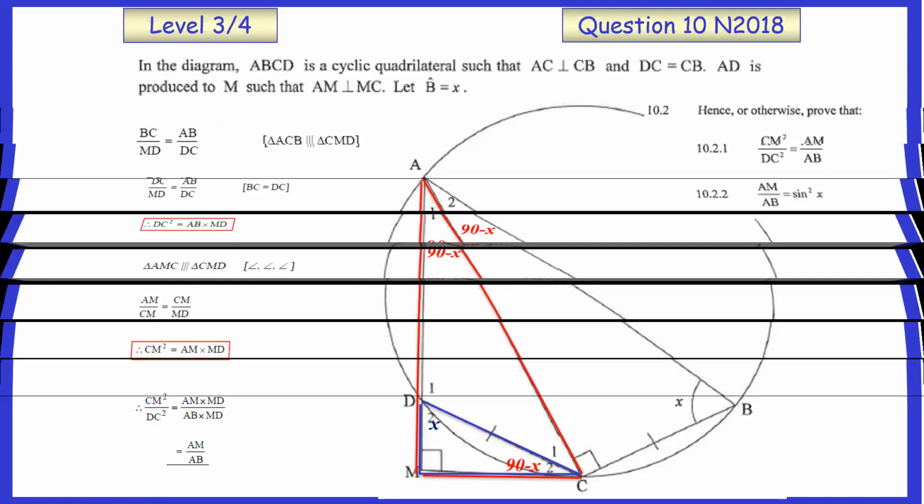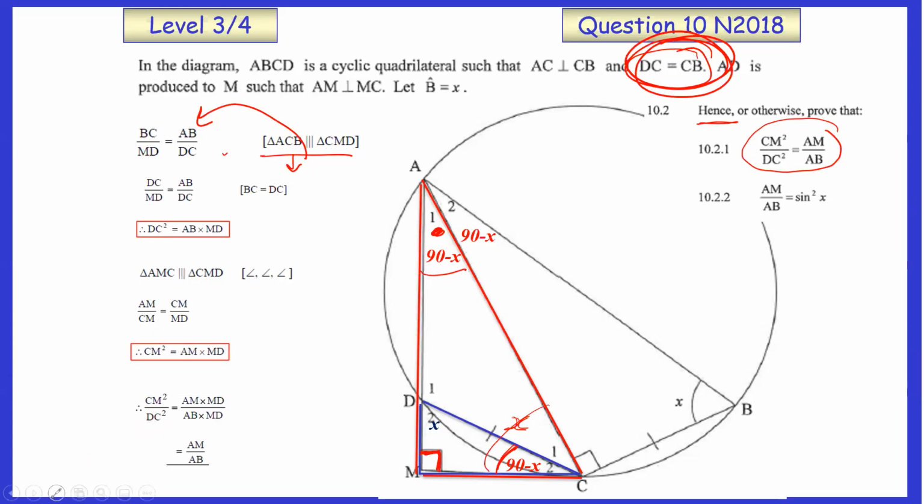And if they cancel off, what are we left with? CM squared over DC squared is equal to AM over AB. And that's what they actually want. Take some time to look at that.